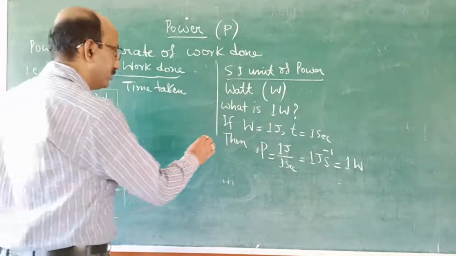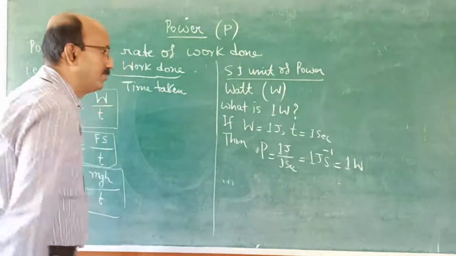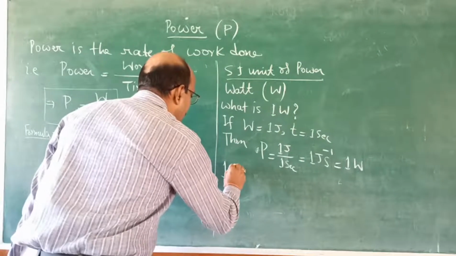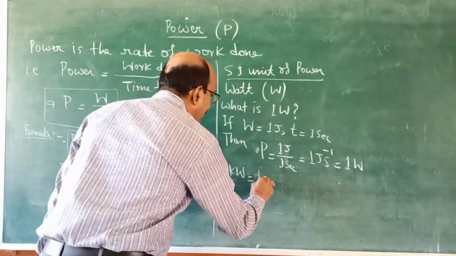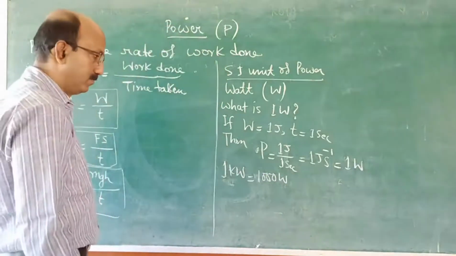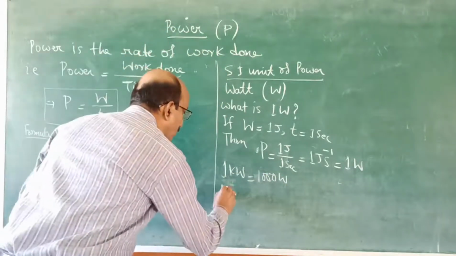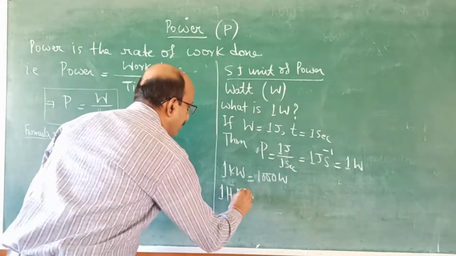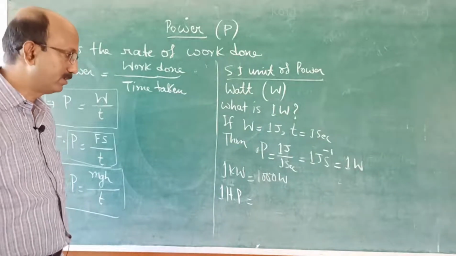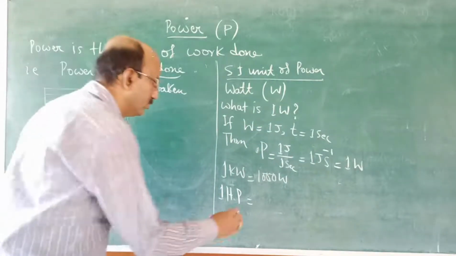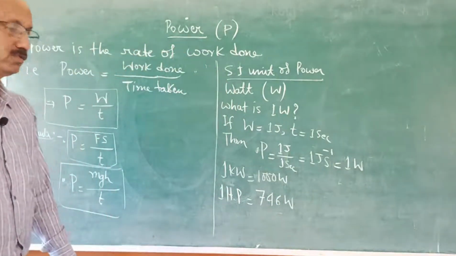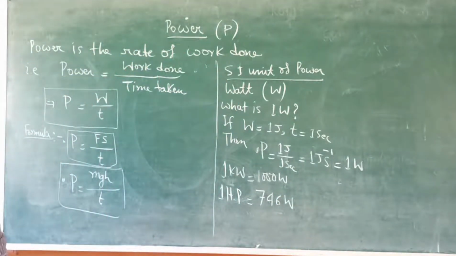So there are some other units of power, like kilowatt. 1 kilowatt is 1000 watt. 1 horsepower, HP. Horsepower is also another unit of power. 746 watt equals 1 horsepower.